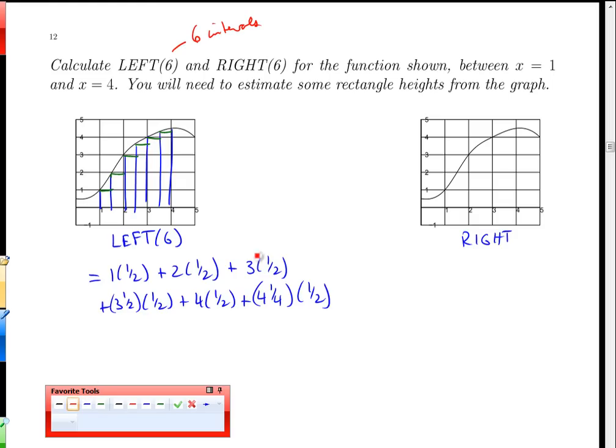So all of these terms are heights and widths for each one of these rectangles.